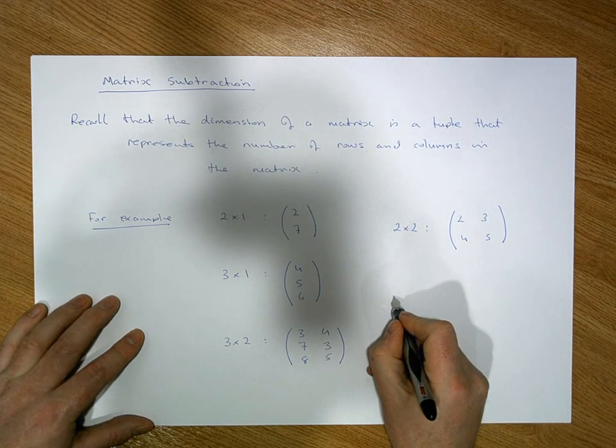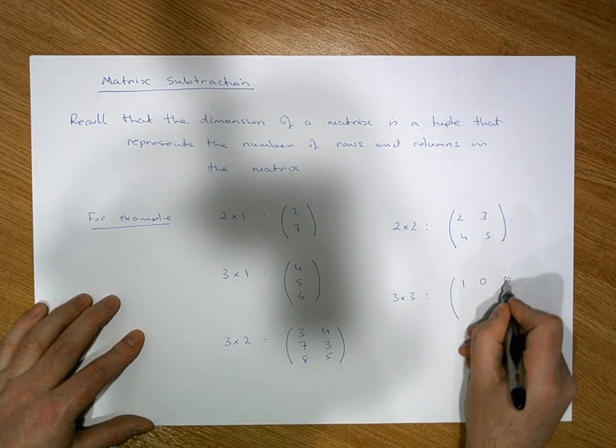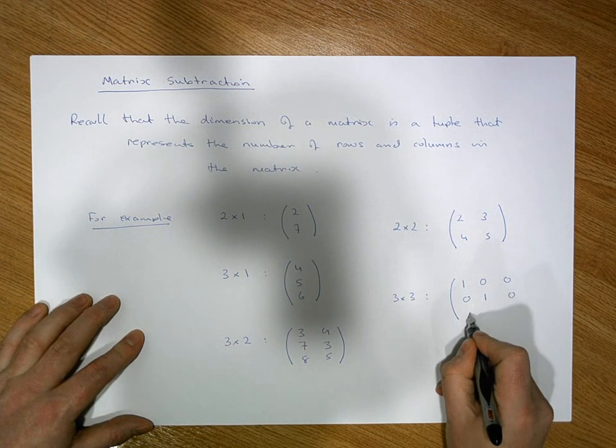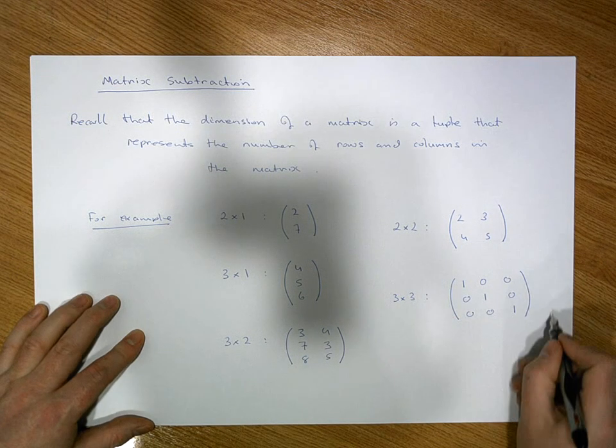And maybe finally a 3 by 3 matrix might look something like this: 1, 0, 0, 0, 1, 0, 0, 0, 1. It has 3 rows and 3 columns.